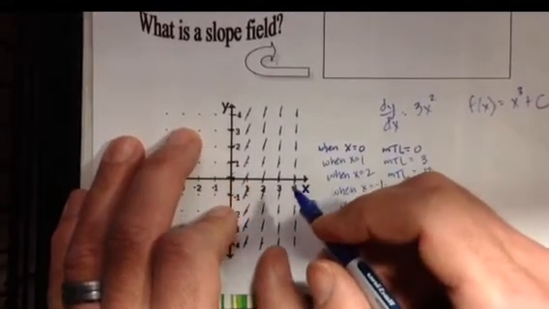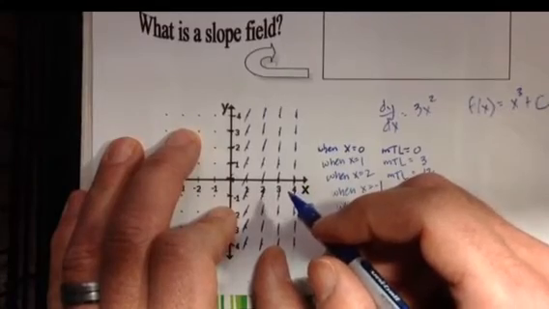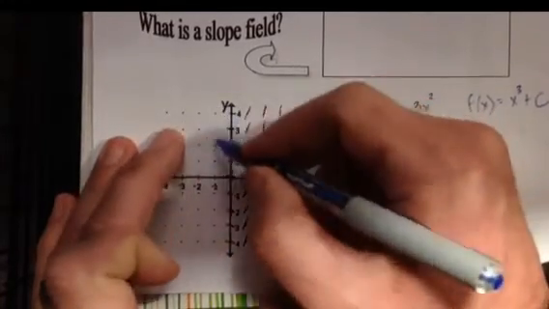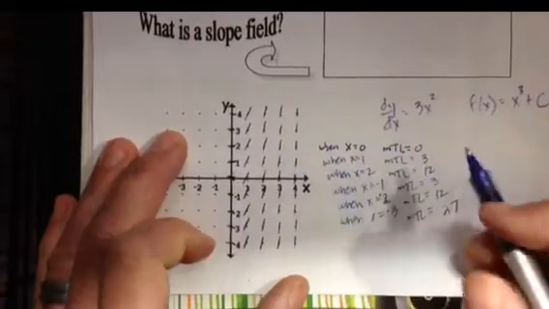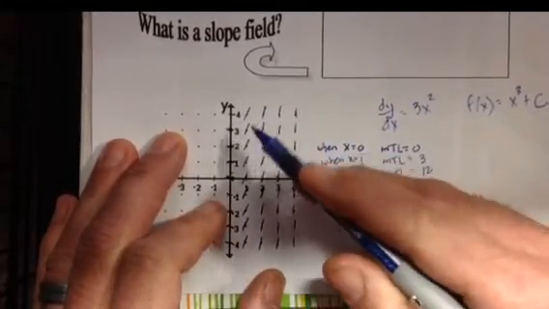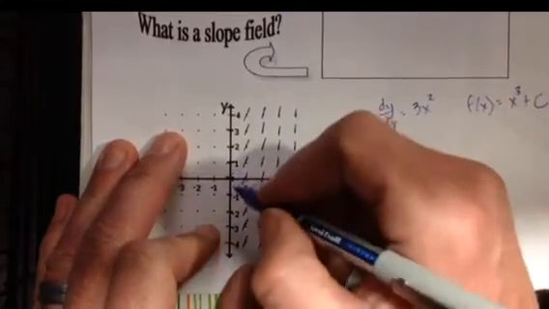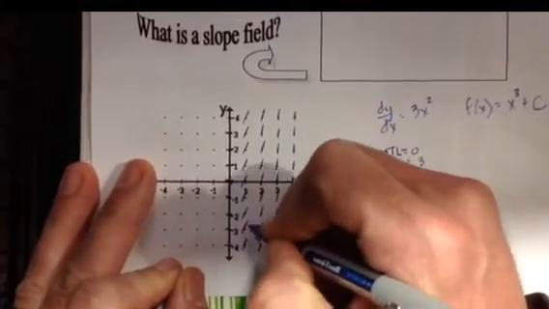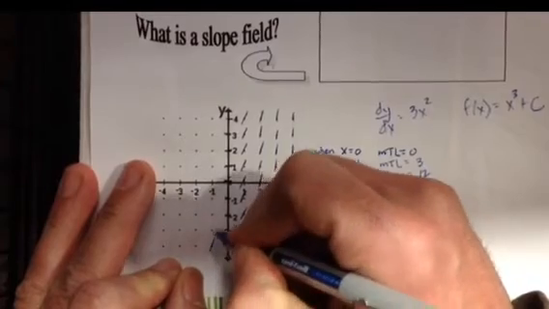All right. So I'm going to come over here to where x is equal to -1, and that would be this set of points right here. And my slope is 3. Now again, notice that when x is 1, I had a slope of 3. So I'm just going to mirror that slope, that rate of change.